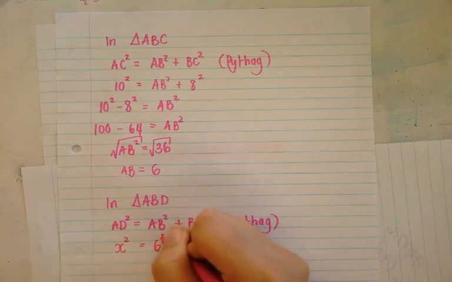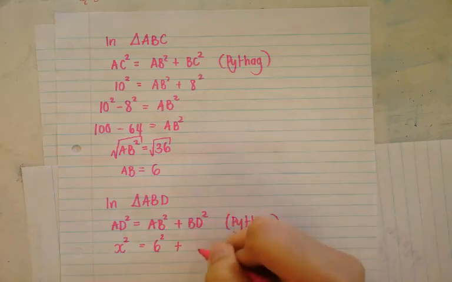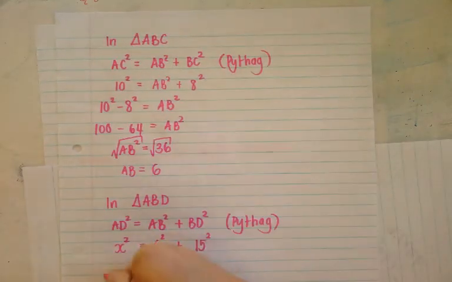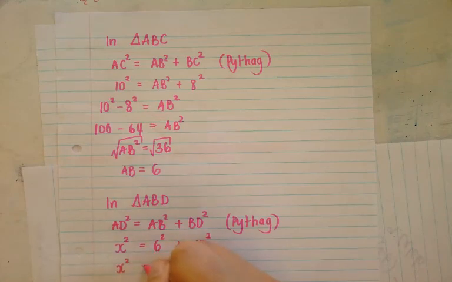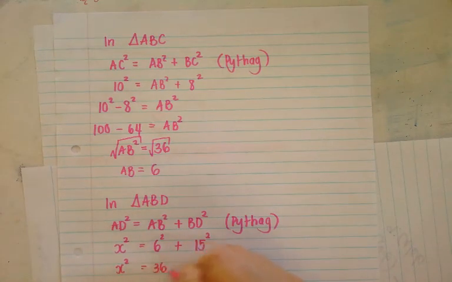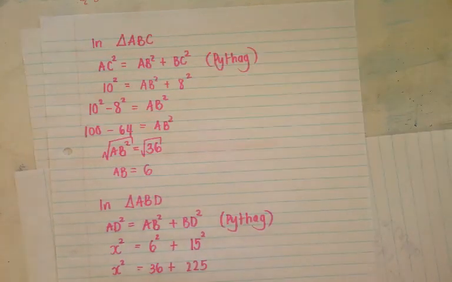AB we just calculated as 6. And BD I've added together as 15 squared. 6 squared is 36. 15 squared is 225. Go further for me. And yes, you will get a funky answer. So finish that sum for me, please.